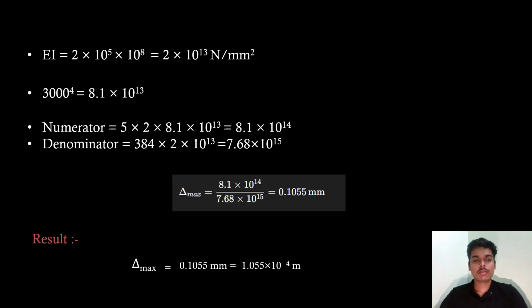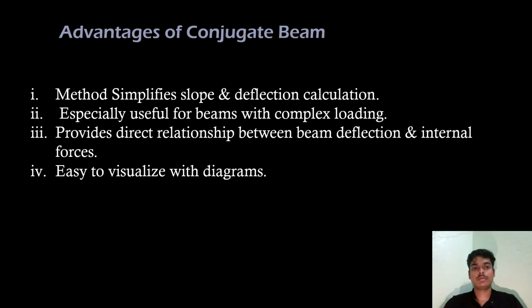Now substituting the value of the constant EI equal to 2 into 10 raised to 13 Newton per mm square into the maximum deflection equation, we get 1.055 into 10 raised to minus 4 meter as the deflection in the tailplane of the aircraft.